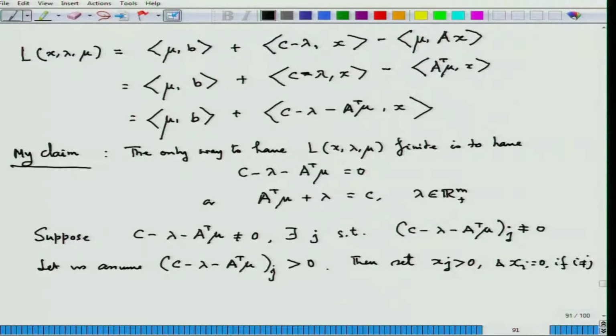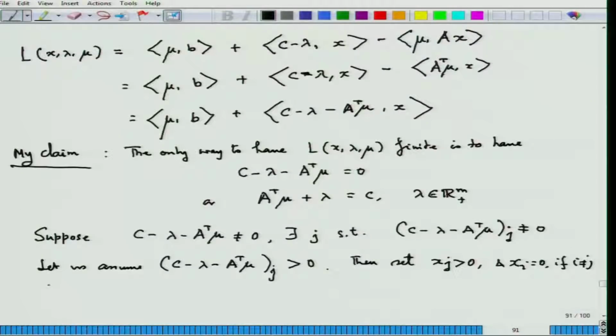Then what I can do is I can keep on increasing the value of xj, make it so big and big and big that this function just keeps on blasting up and goes towards infinity, as xj goes to plus infinity, because even if the other term is negative, it will be suppressed once this becomes very large.